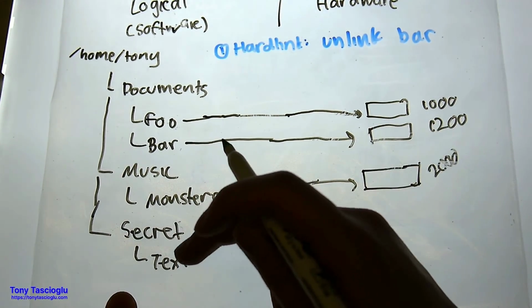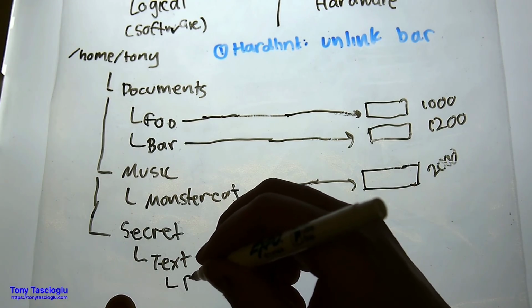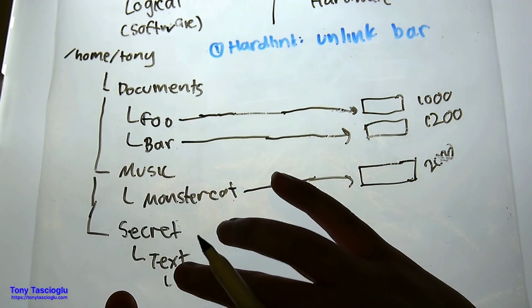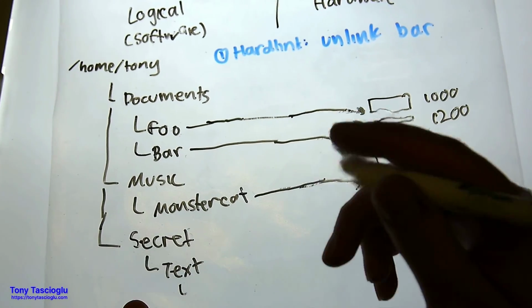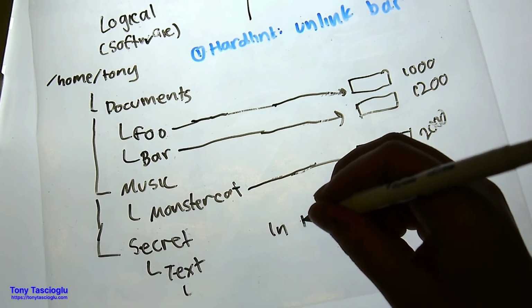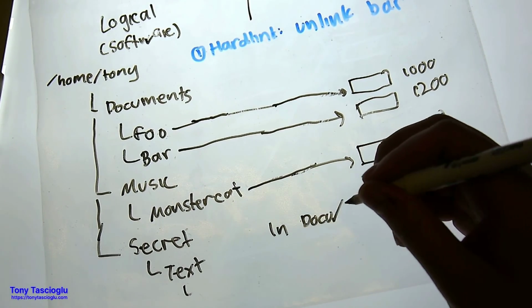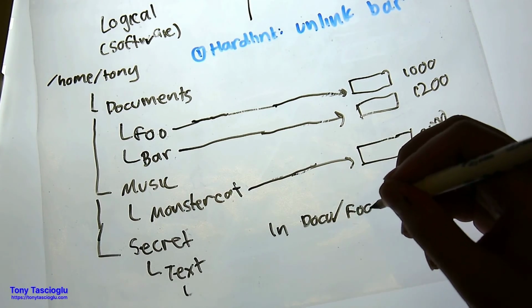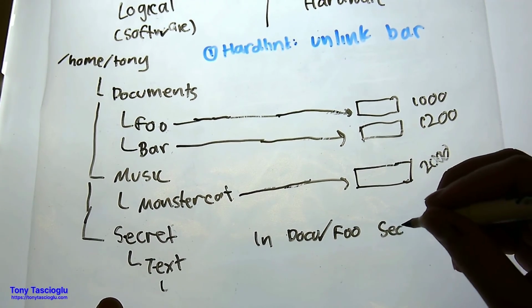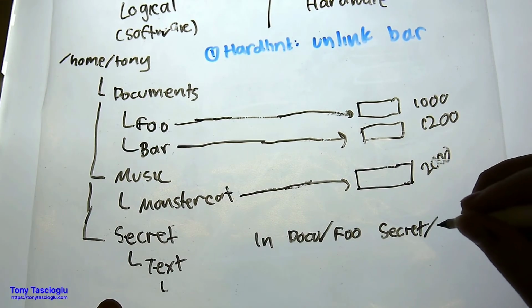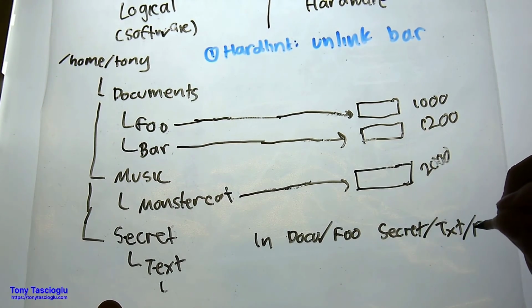Instead, you can make a folder and hard link the items. I can do ln documents/foo secret/text/foo.